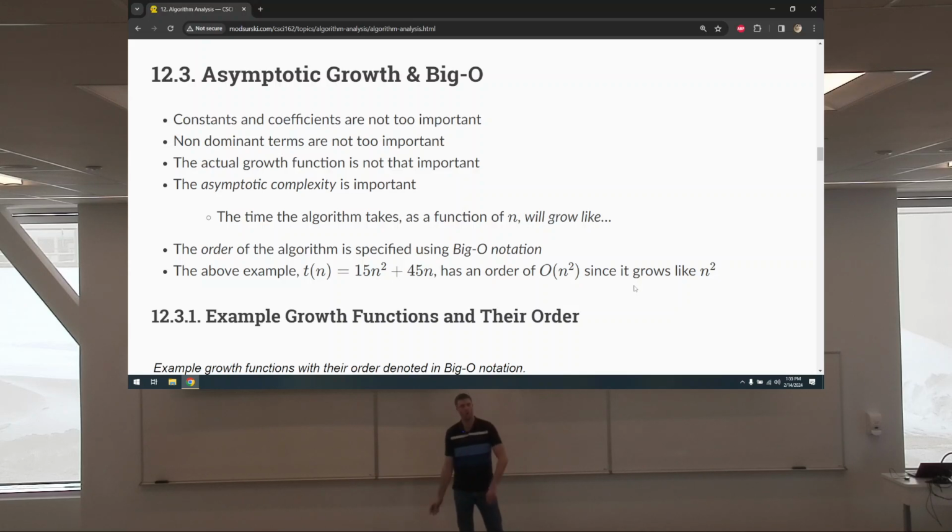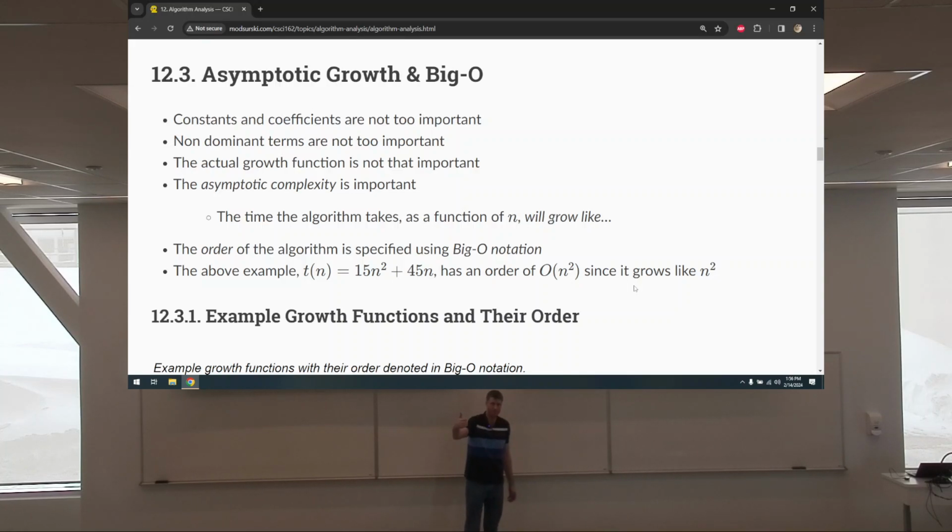No. What I would say is 15n squared plus 45n grows like the function n squared. Computer scientists use a specific set of functions to describe all of our stuff. The specific set is not tiny, but of that set, at this stage, there's really only a small number we're ever going to really look at.